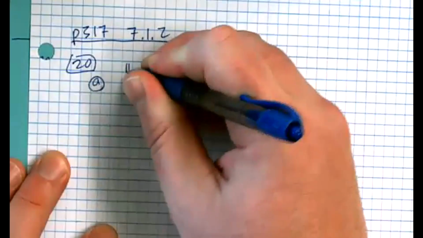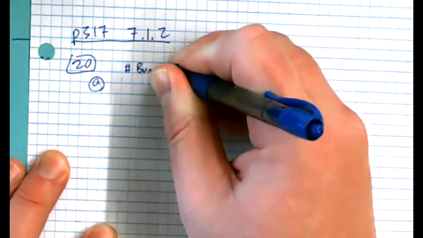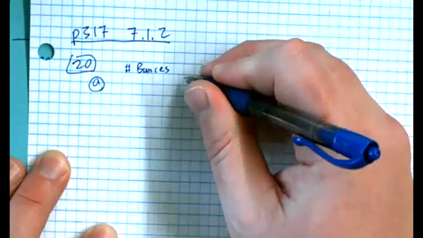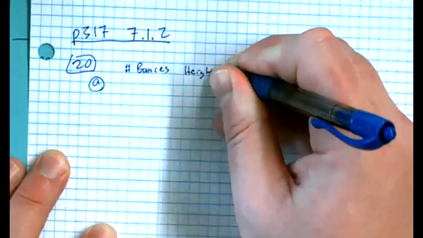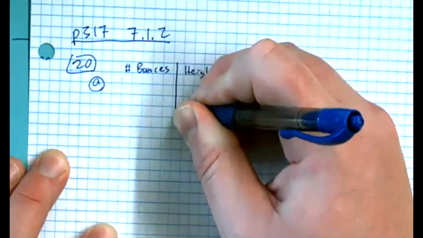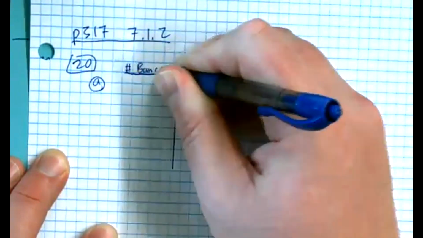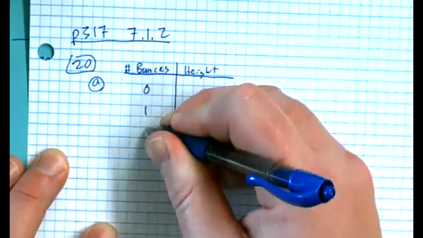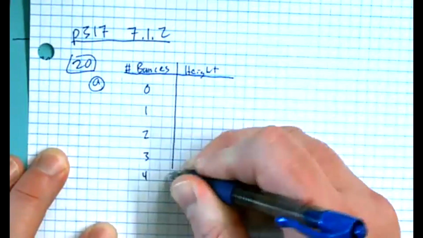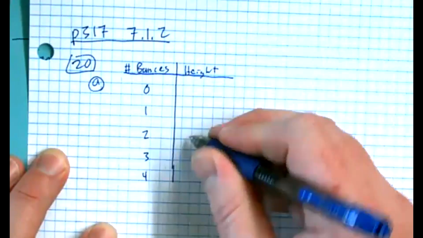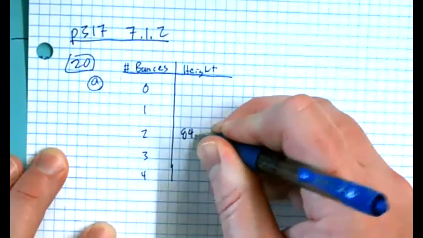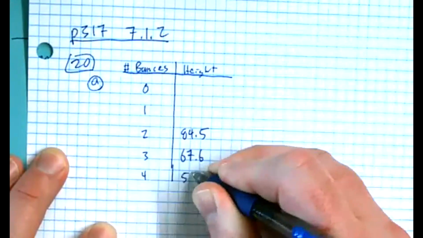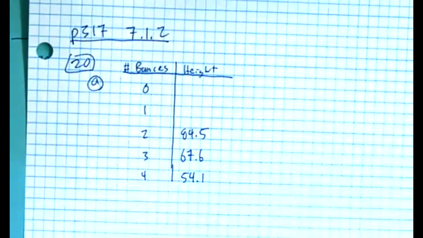We've got number of bounces and height. Zero, 1, 2, 3, 4. 84.5, 67.6, 54.1.